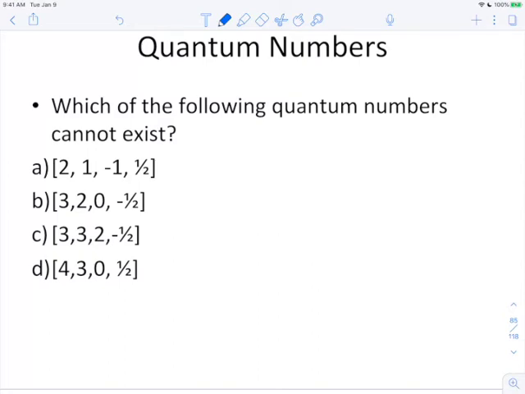And now we've got a vote for C as well. So it looks like we're getting votes for C and B. We got more votes for C coming through.